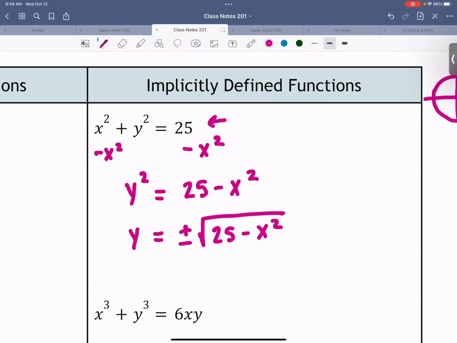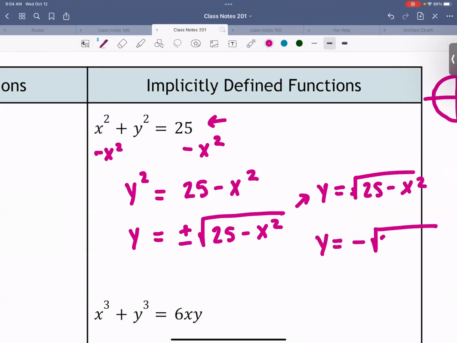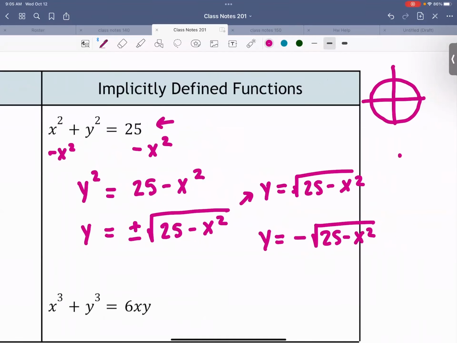Okay, so this function, if I turn it into an explicitly defined function with y on one side, everything else on the other, is actually two functions combined together. Okay, so I have y equals the square root of 25 minus x squared. And then I have y equals negative the square root of 25 minus x squared. Okay. And actually this is the top half of the circle on top and the bottom half of the circle on the bottom. Okay.